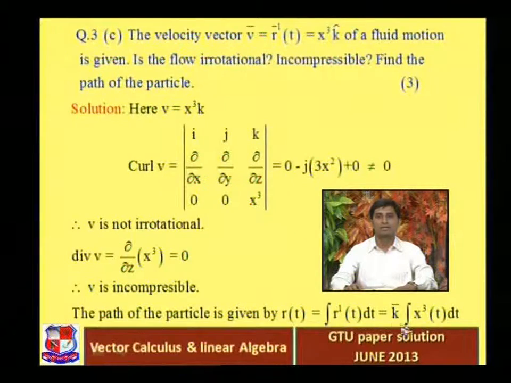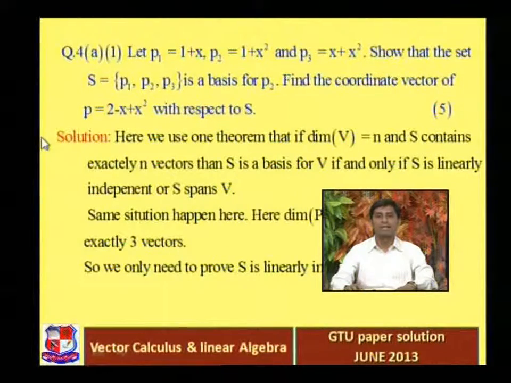So here is the answer. The answer of this question is that v is not irrotational, but v is incompressible, and here is the path of the particle, right? So this question was asked for 3 marks in this question paper. And the next question, question 4a, the first part.